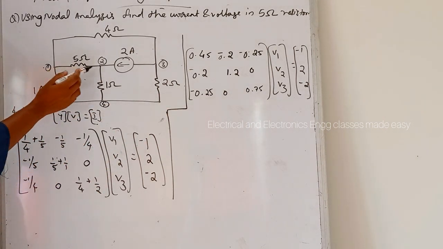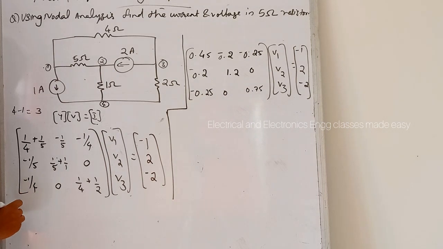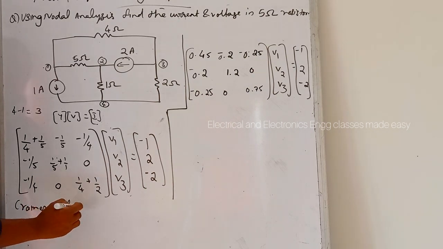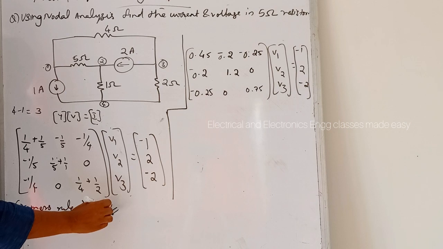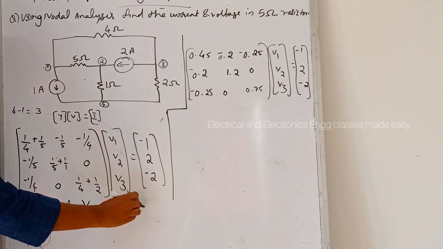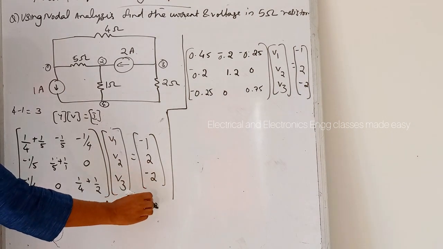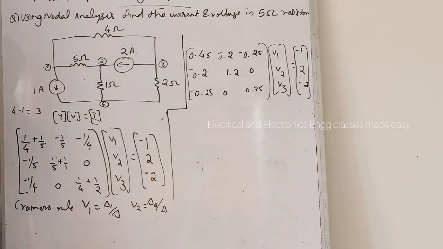Then to find V1 and V2, we can use Cramer's rule. So by Cramer's rule, we can write V1 is equal to delta 1 divided by delta, and V2 is equal to delta 2 divided by delta.